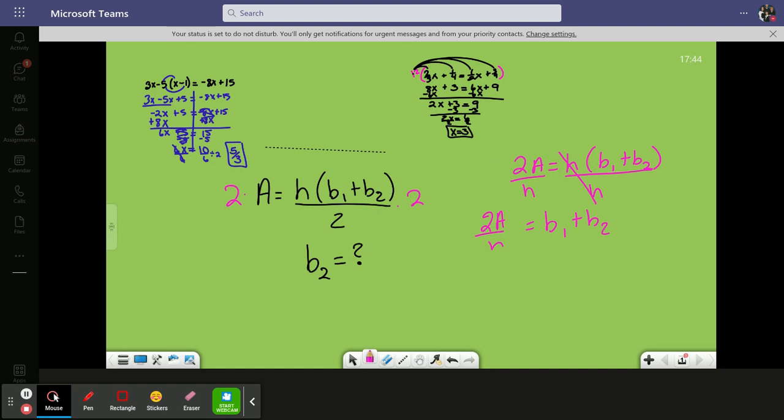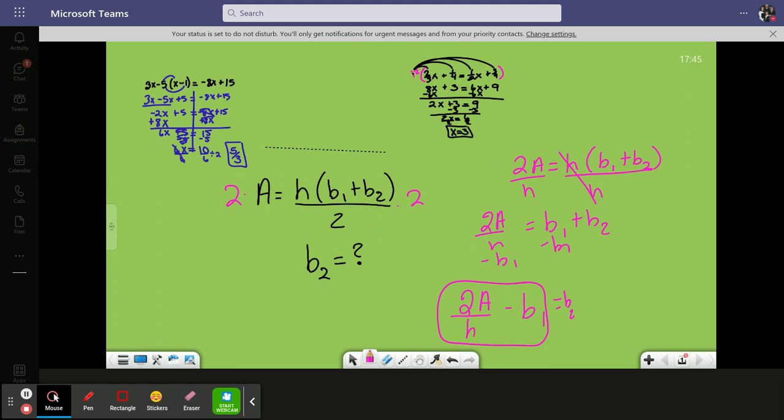So what do I need to get rid of? Perfect. So if I subtract that b1, I've got 2a divided by h minus b1 equals b2. There's your answer right there.